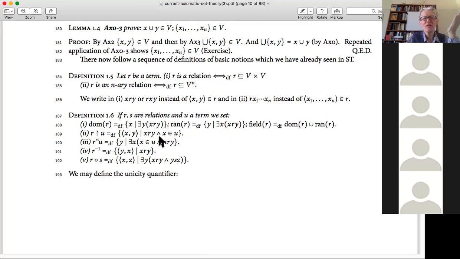If I want to restrict a relation to a set U, I use this kind of hook.